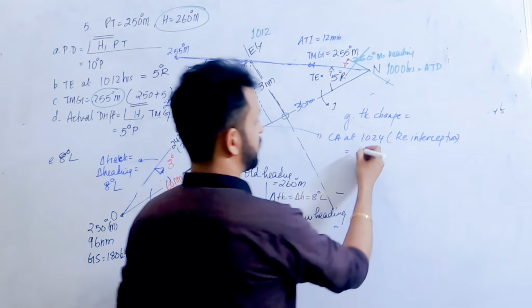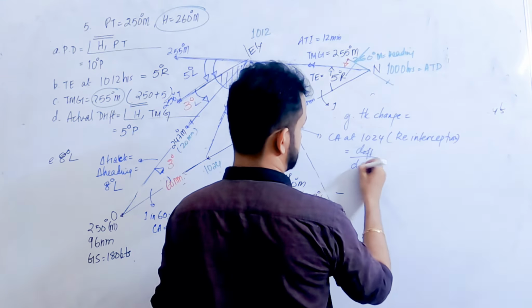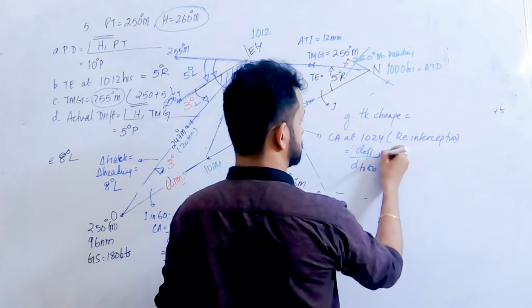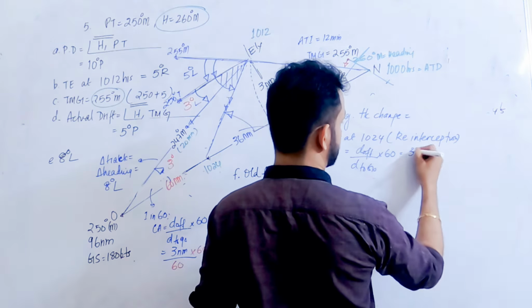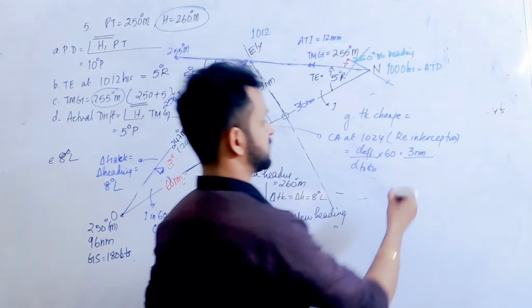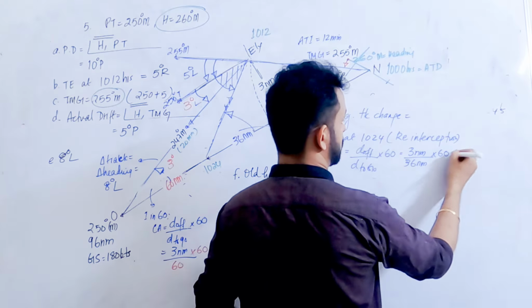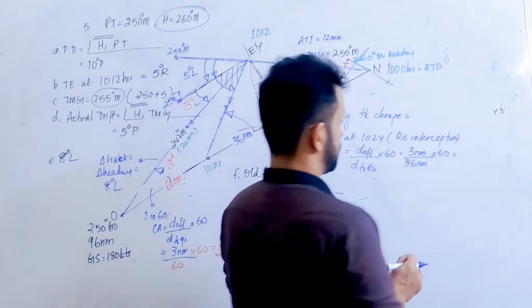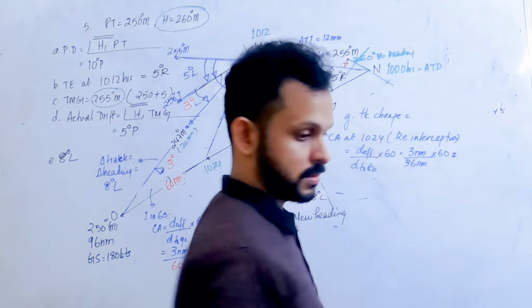That's equal to 1 in 60, distance off by distance to go, into 60. Distance off is 3 nautical miles. Distance to go is 36 nautical miles, into 60. Right? That's going to be, let's find out.